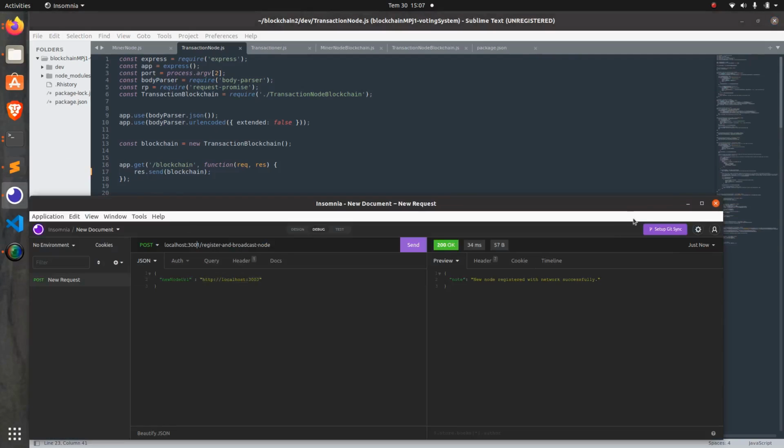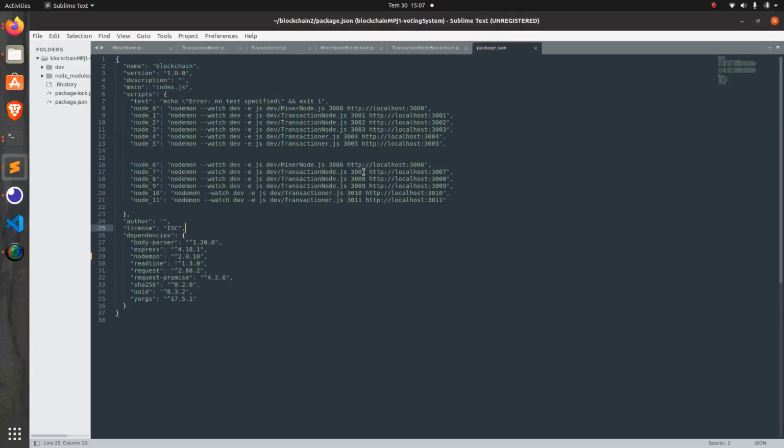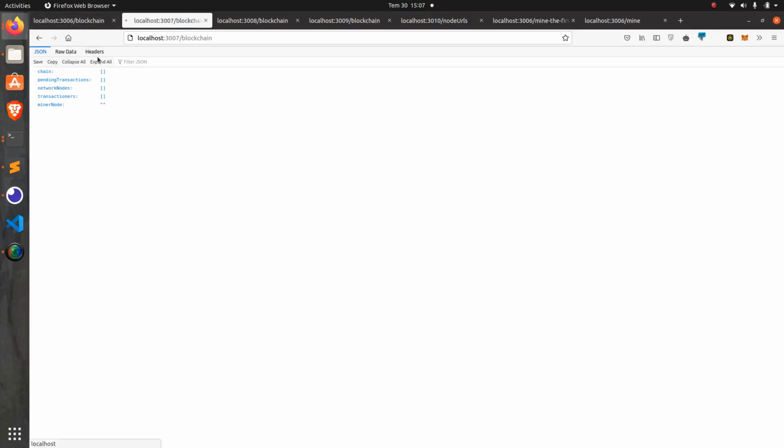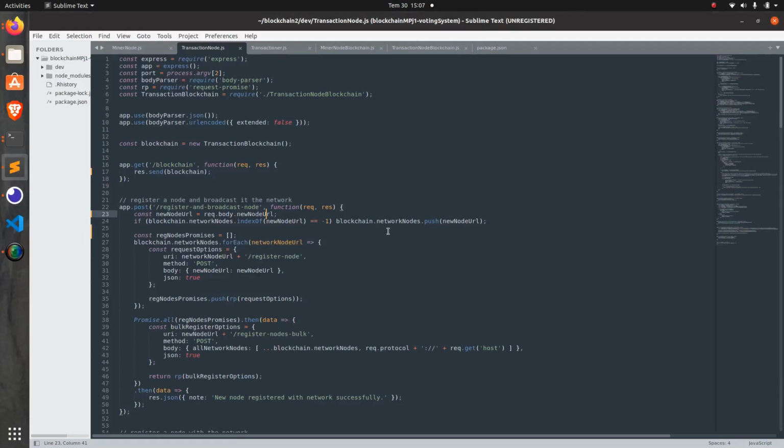I am doing the same procedure for the other subnetwork. Yes, transaction at port 789. Now they are also connected with each other.